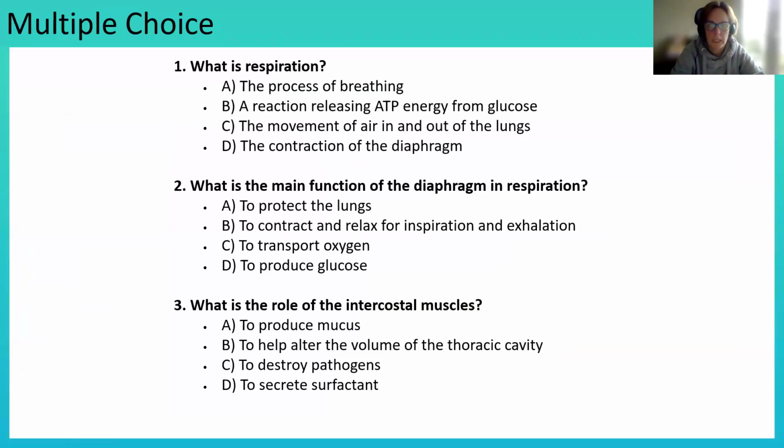And what is the role of the intercostal muscles? So respiration is probably not the best term there. That should be in breathing, but they get used interchangeably, unfortunately, even by me sometimes. What's the role of the intercostal muscles? So let's see if you can think up some answers. I will just get the chat up in case you're writing your answers in the chat.